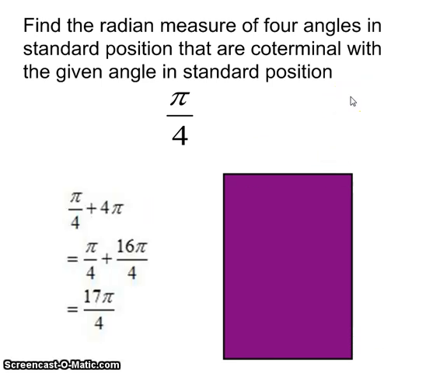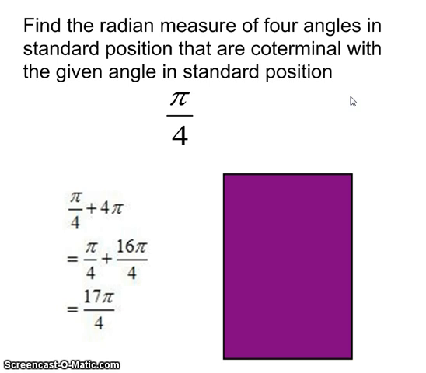Okay, so this time I need a different multiple of 2 pi. So 4 pi is 2 rotations. I'm going to add 4 pi. Common denominator, multiplying top and bottom by 4 over 4 gives me 16 pi over 4. And pi over 4 plus 16 pi over 4 is 17 pi over 4.